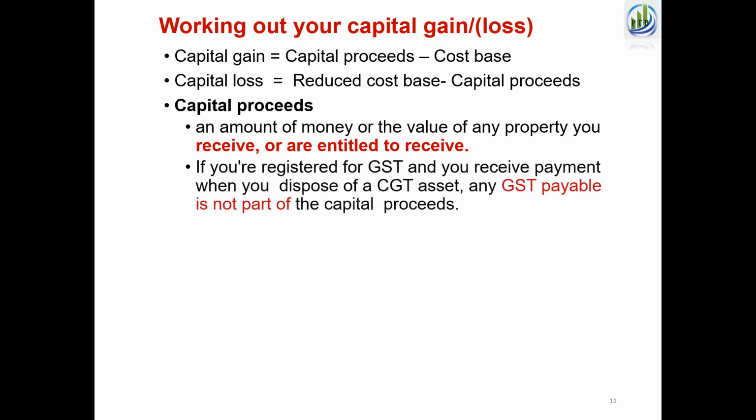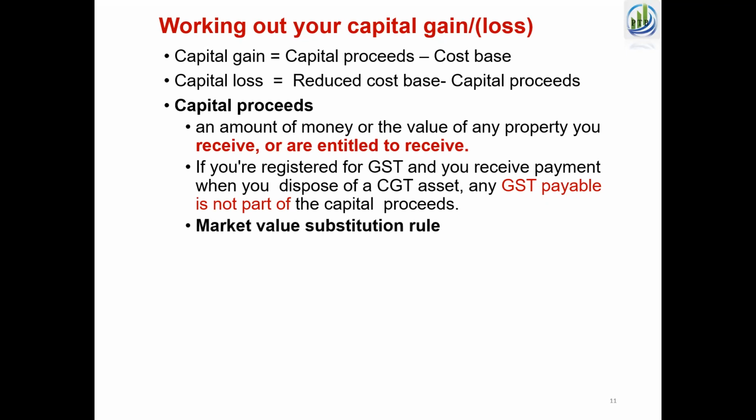And when you are registered for GST, the GST component should be excluded from your capital proceeds because, as we discussed previously, GST belongs to the ATO. We are just collecting it and sending it to the ATO. Therefore, any GST component in your sales can be excluded from your capital proceeds.